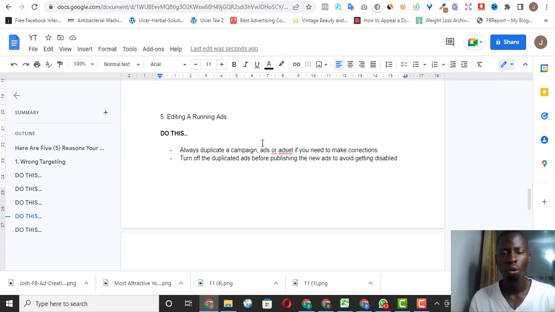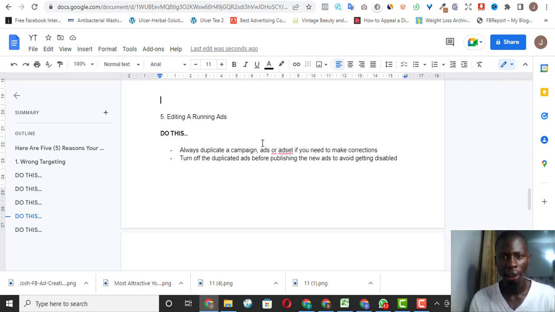No. If you do that, that ad is likely not going to perform again, or it's likely going to even cause your account to be disabled, right? So anytime you have an issue you want to resolve, something you want to edit in your ads, go straight into duplicating that ad. If it's an ad, duplicate that ad, make the correction and publish it.